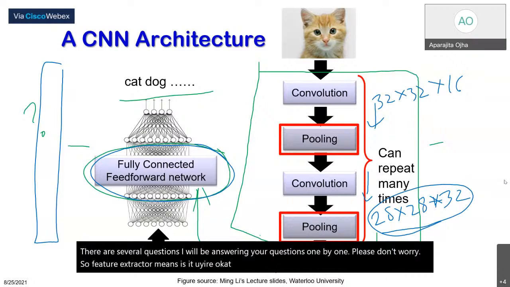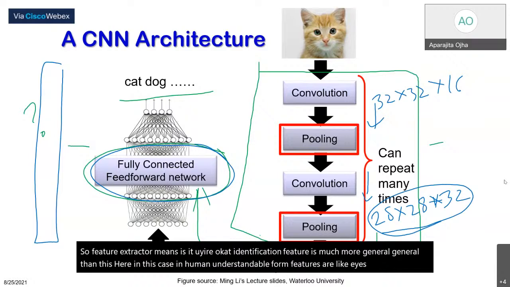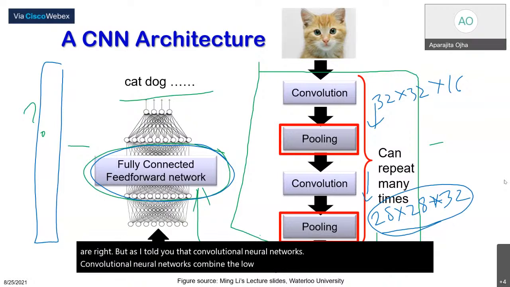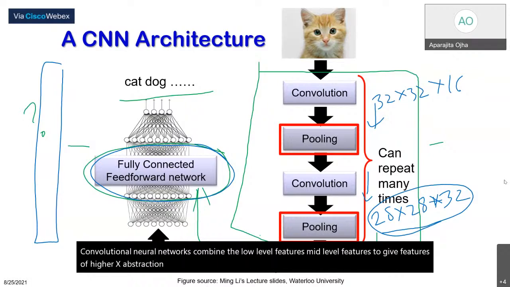Feature is much more general than this. In human understandable form, features are like eyes, ears. Yes, you are right. But as I told you, convolutional neural networks combine the low-level and mid-level features to give features of higher abstraction level to understand patterns, which could be eye, ear, nose, something like this.